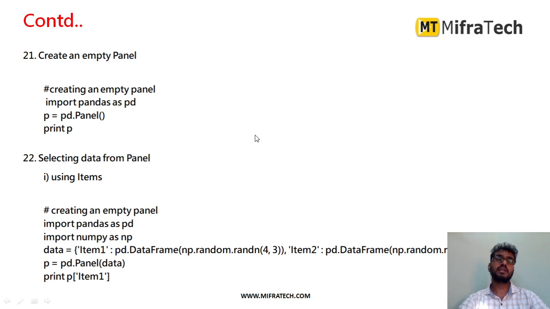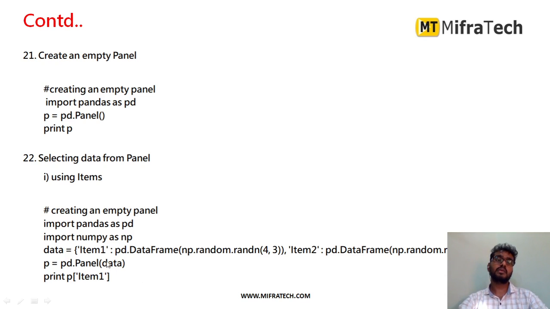Let's see how to select data from a panel. We can select data from a panel using items. Using this, we can access data from the panel. First we import the pandas library as pd, then numpy as np. Then we created a dictionary, data equal to this, which has the data frames inside. We pass this dictionary as a parameter to pd.Panel to create a panel of data, assigned to the variable p.